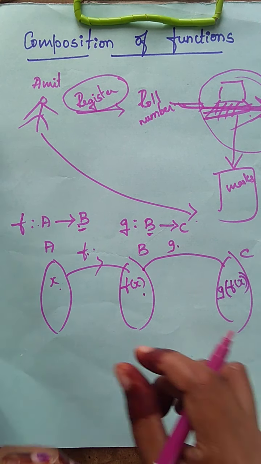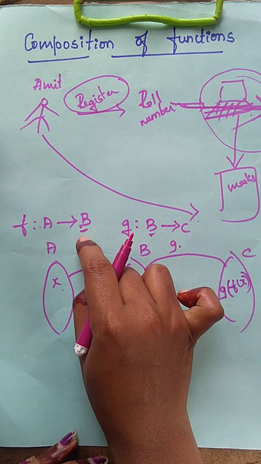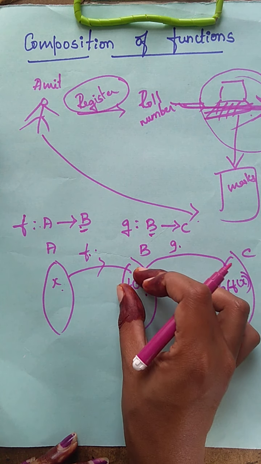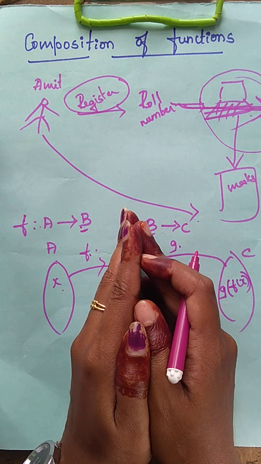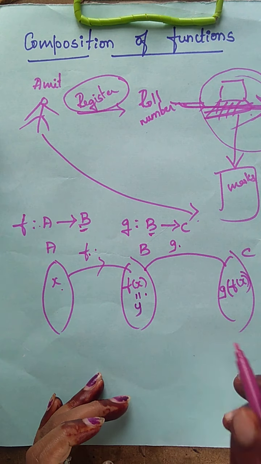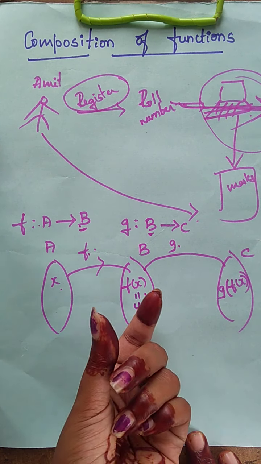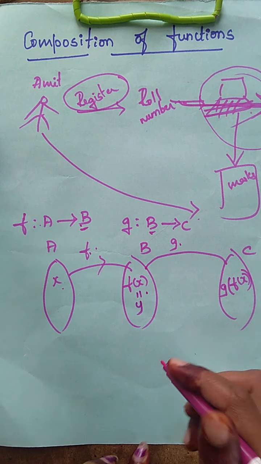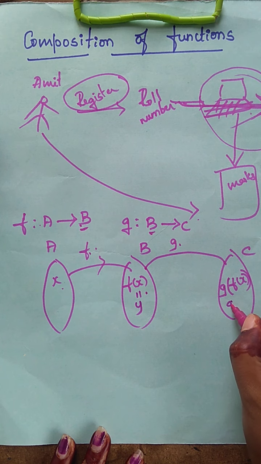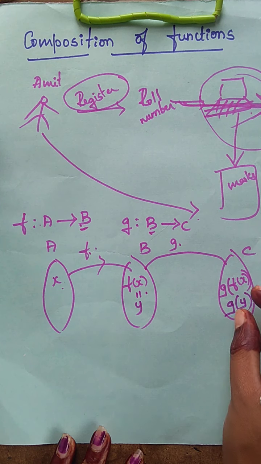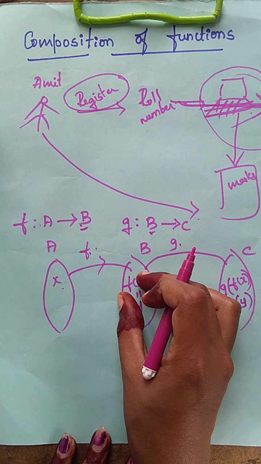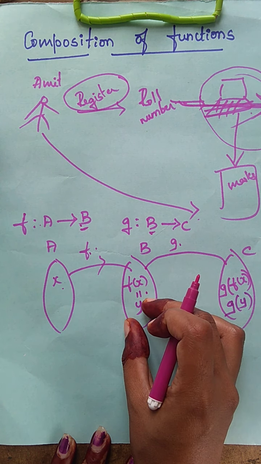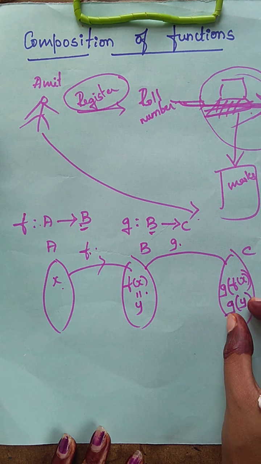There is nothing complicated. Take f of x as some element y. Now you apply g to this y, and we get g of y. But y is f of x, so it becomes g of f of x.